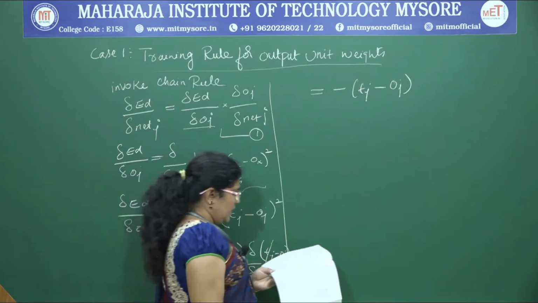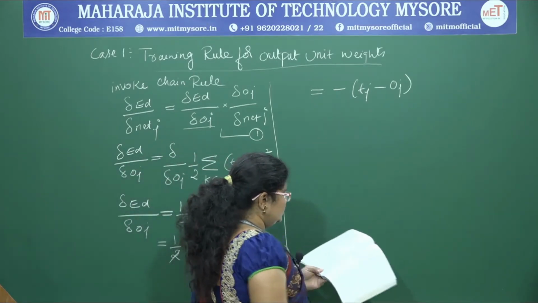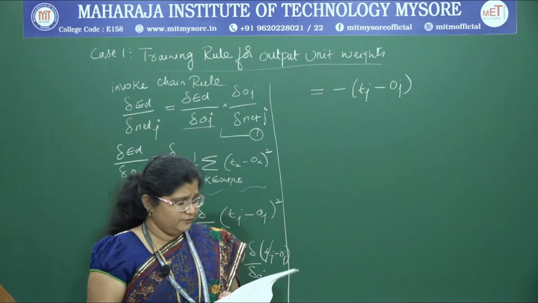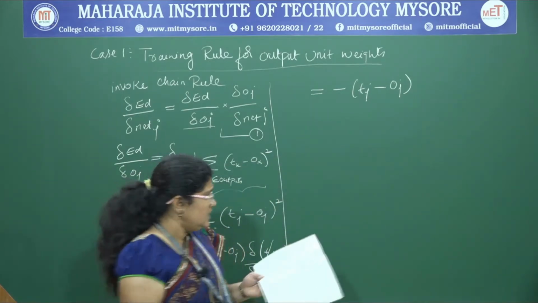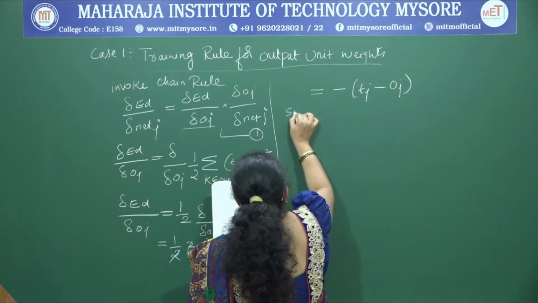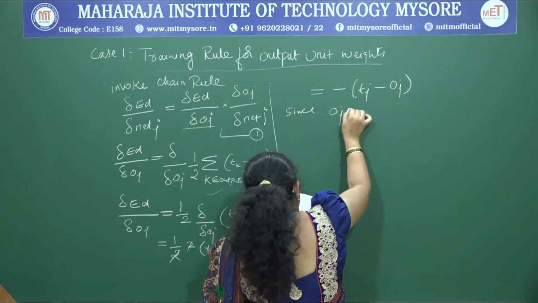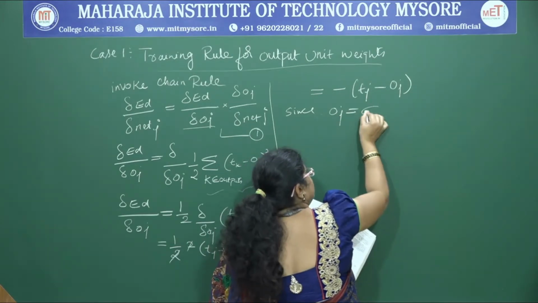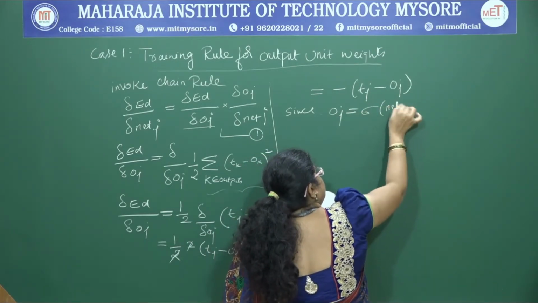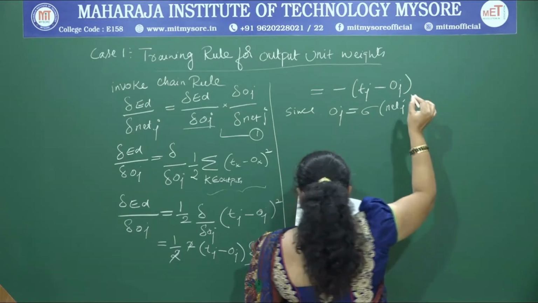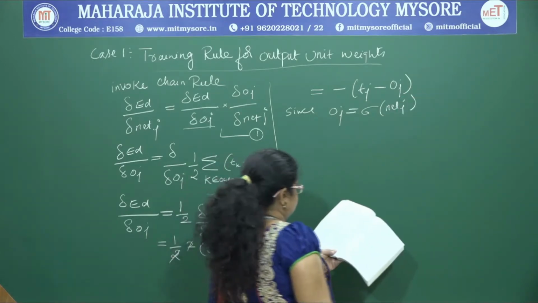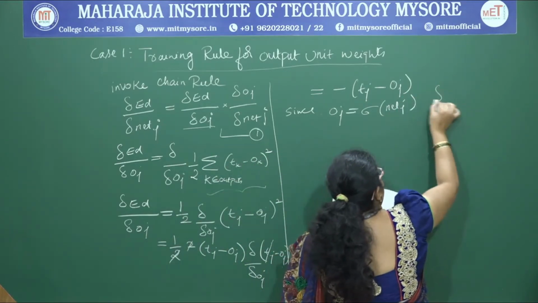Now, by using a sigmoid function, since Oj is equal to the sigmoid function of net j, the derivative, that's what we have done.